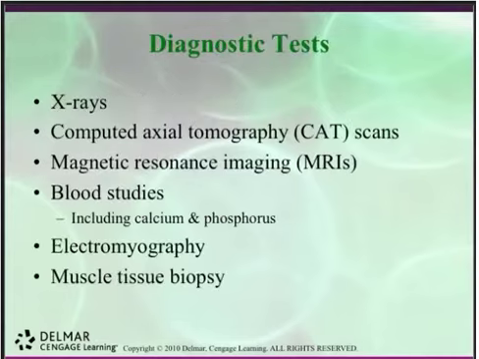Some diagnostic tests that we can perform include X-rays, which allow us to visualize dense tissue without actually having to open you up and look at it, CAT scans, magnetic resonance imaging, and blood studies, including calcium and phosphorus levels, electromyography, and muscle tissue biopsy, where we actually take a sample of the tissue and look at it under a microscope to see any abnormalities in shape or changes in function.